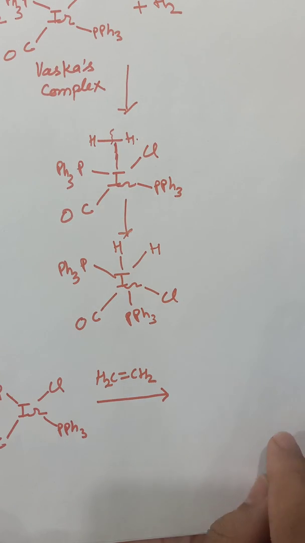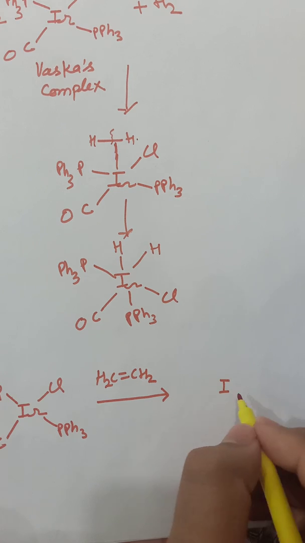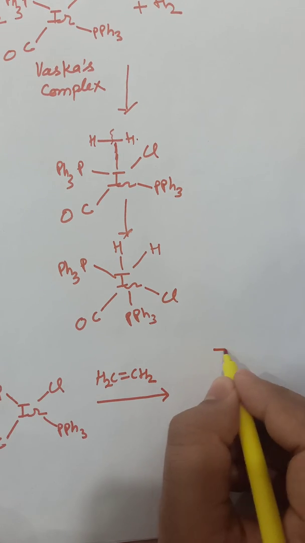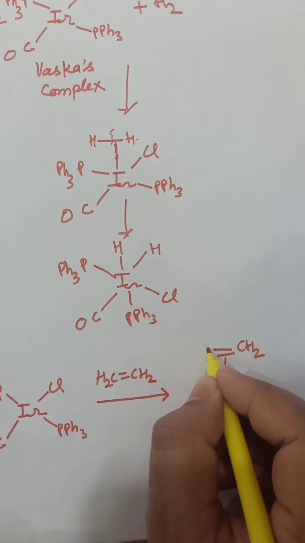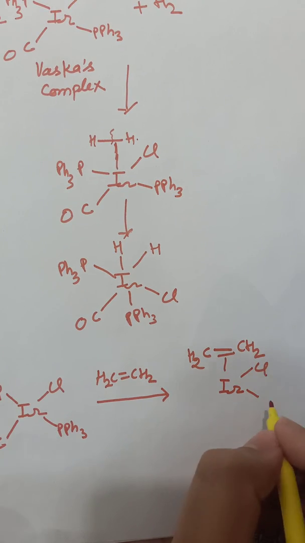When it is treated with the alkene, first there is the formation of a sigma complex. This type of sigma complex will form between this Vaska complex and this ethene molecule.